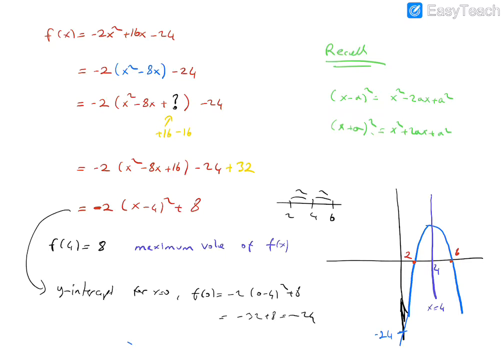And from the graph, we can say some things. The domain is all real numbers. There is no problem. For all x, you can find the y. But the range is y less than or equal to 8. So this is the range of this function.